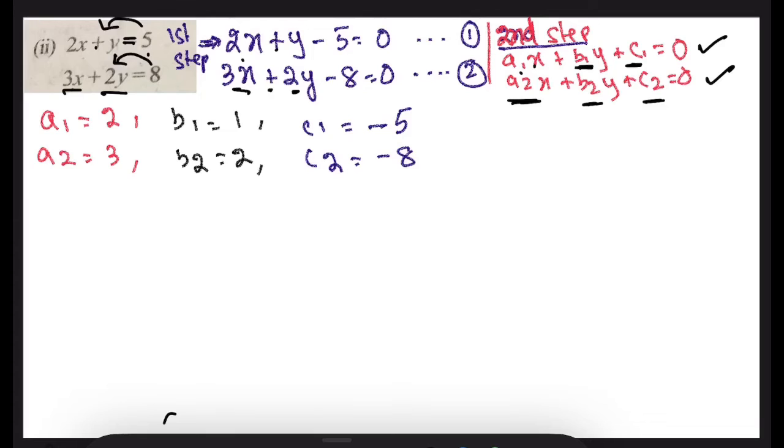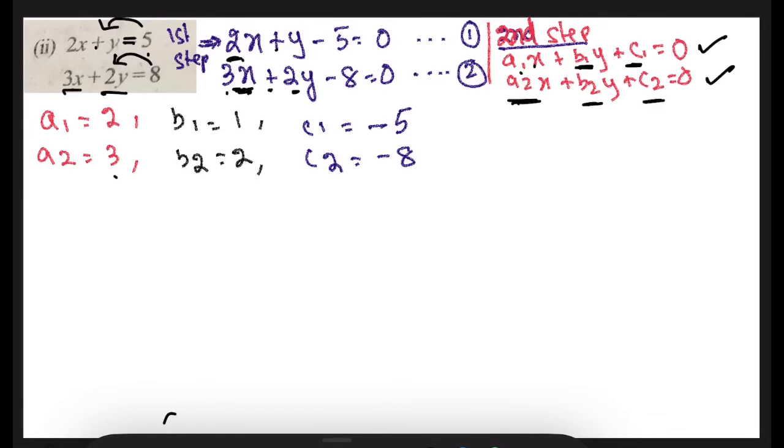Here in the first equation, what is the coefficient of x? A1. So we will write A1 equals to what? This is 2x, so we have written 2. And A2 is the coefficient of x of the second equation, 3. So 3 we have written.